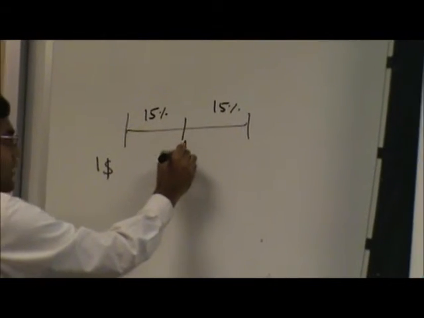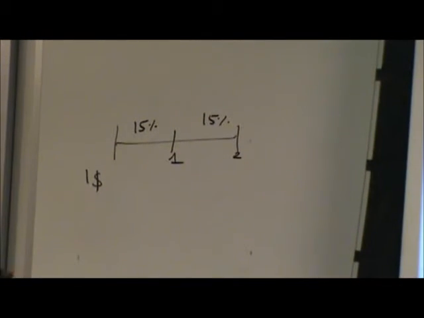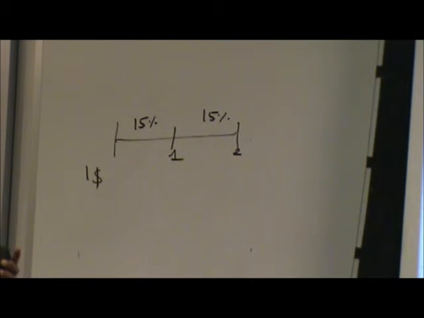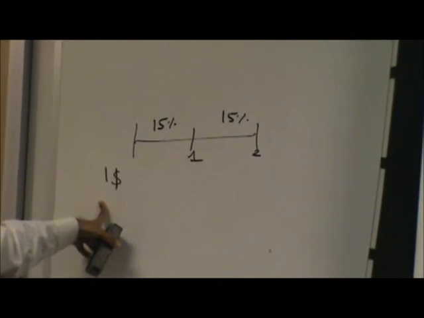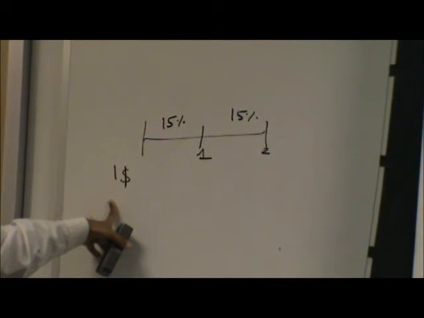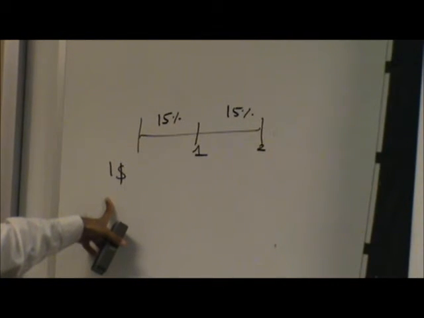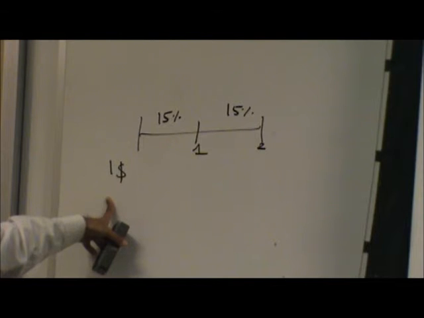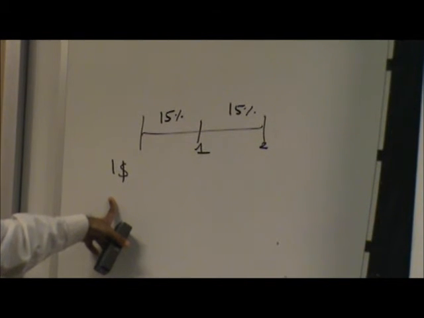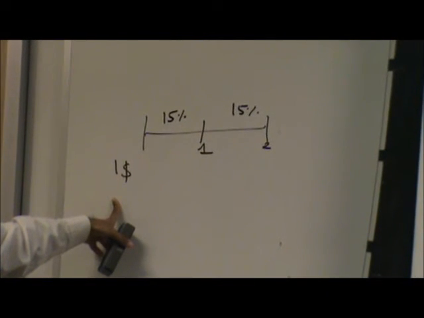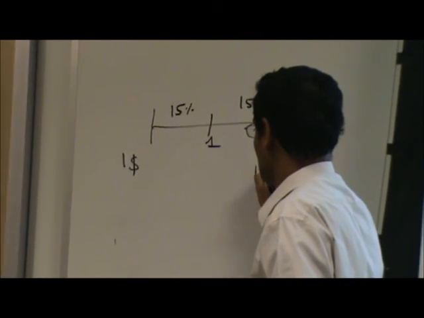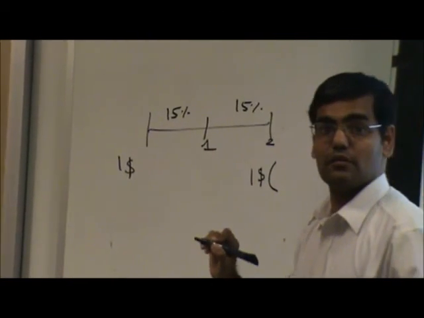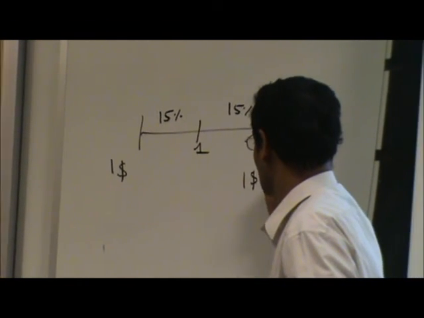How much will I get at the end of 2 years? $1.23. Tell me the formula. Would be 1 times 0.15 squared or something like that. Or 1 times 1.15 squared.